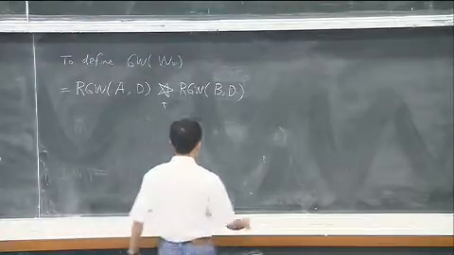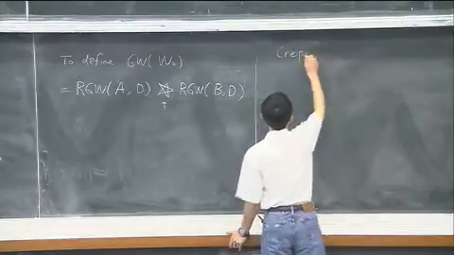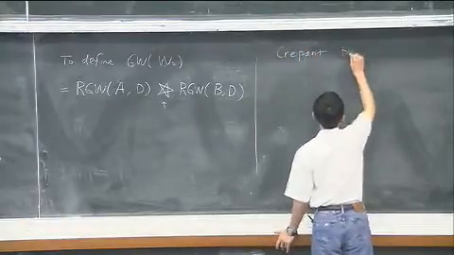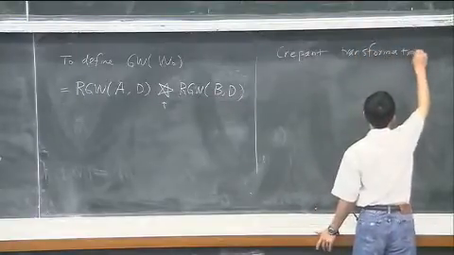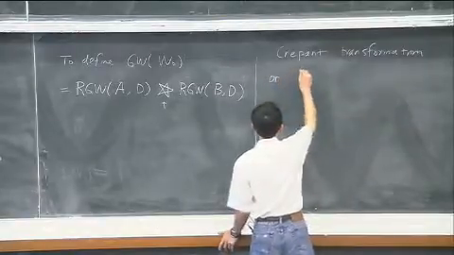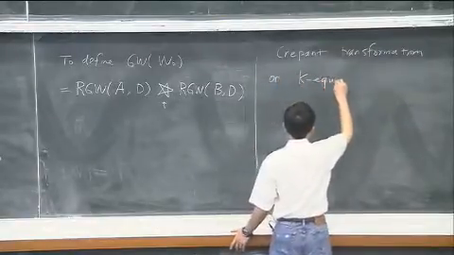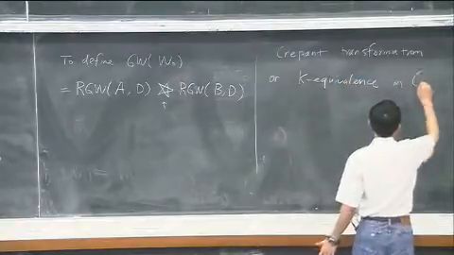Anyway, so the last topic I want to talk about is the crepant transformation, or K-equivalence, in Gromov-Witten theory.